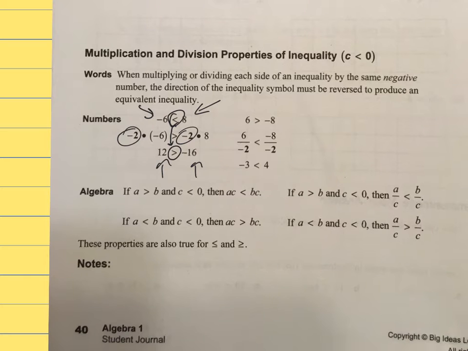In fact, they change the sign as soon as they multiply by the negative 2, and that's the correct sign. So again, the summary is just that: division or multiplication by a negative number is going to switch the sign.